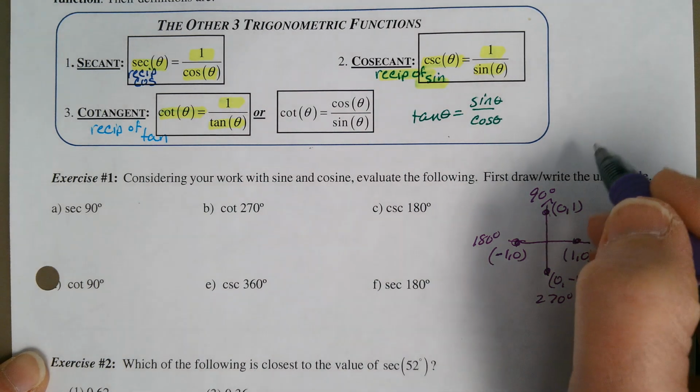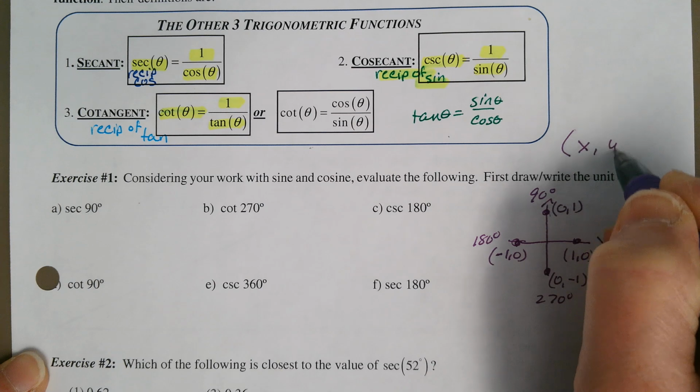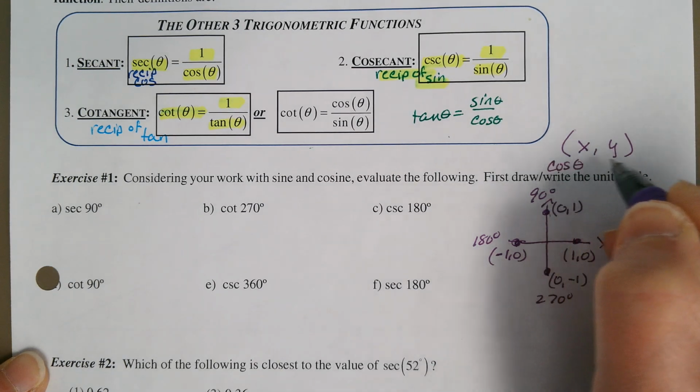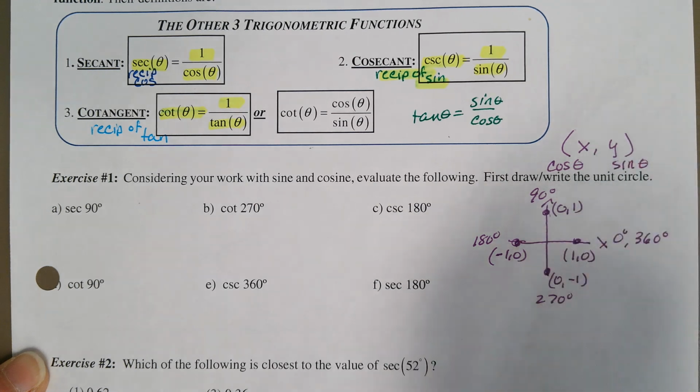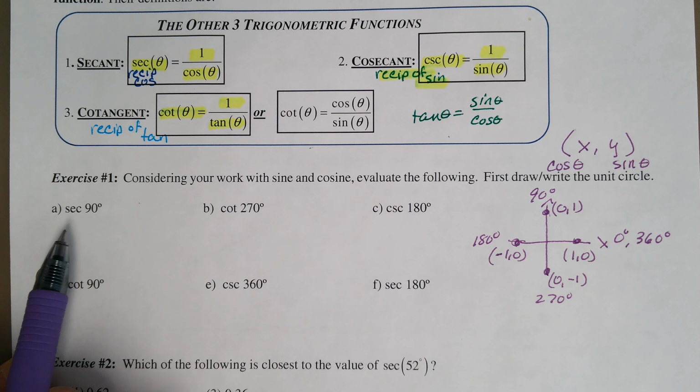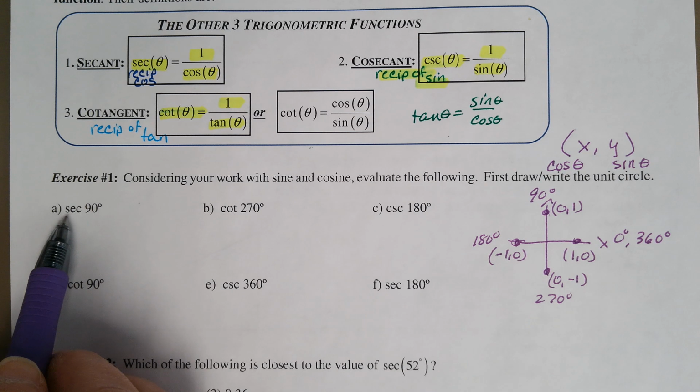Also with the unit circle, x is equal to the cosine of the angle, and y is equal to the sine of our angle. So if we want to evaluate the secant of 90 degrees, now the way I remember that it's the reciprocal of cosine is secant backwards, we have CES, which is close to COS.